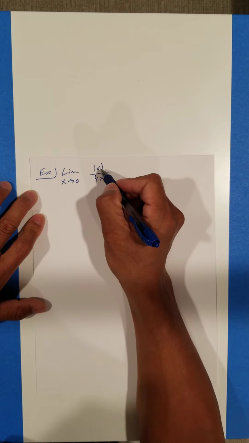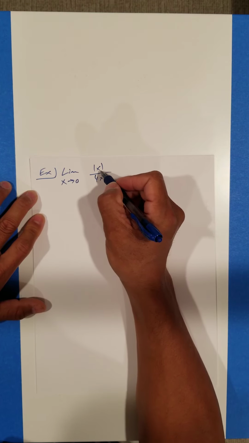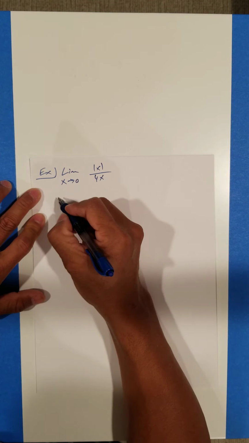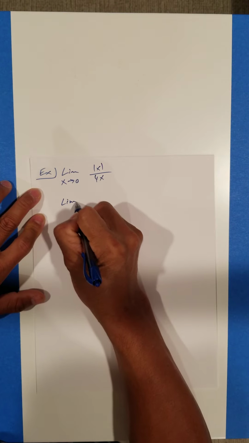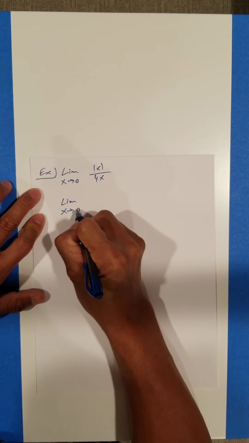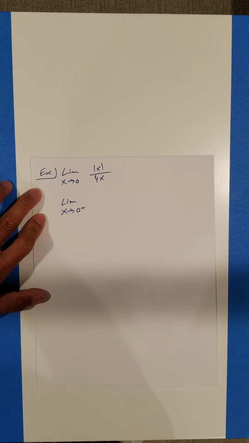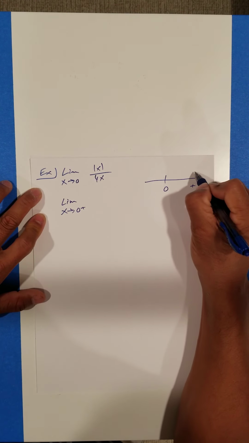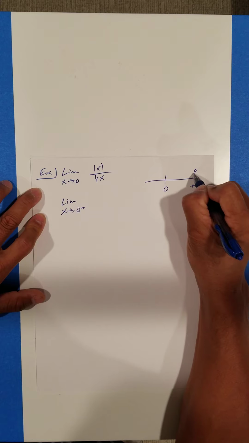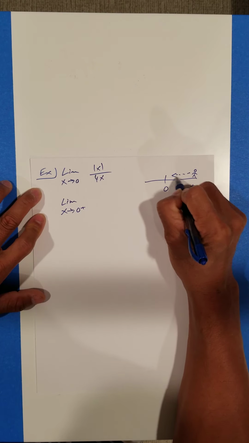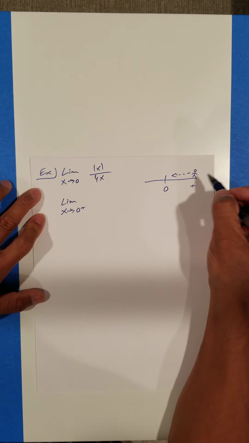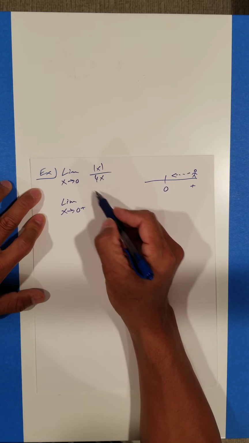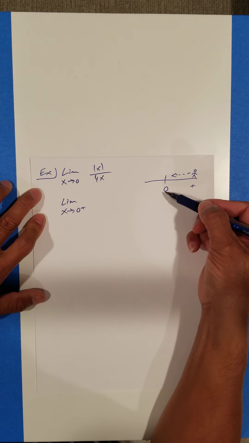Because this is absolute value, you can't really factor anything. So let's try this. What happens when x approaches 0 from the positive side? Here's the number line, here's 0, here's the positive side, and you're walking towards 0.